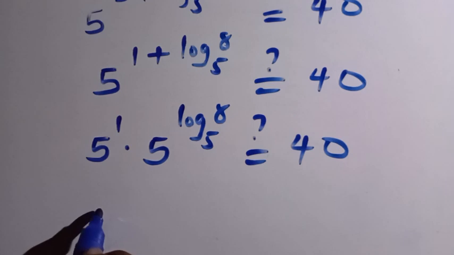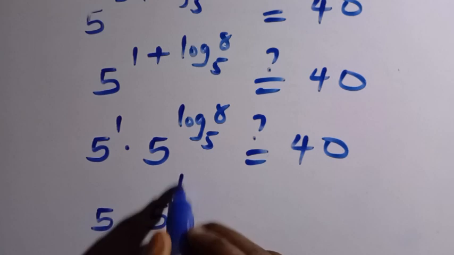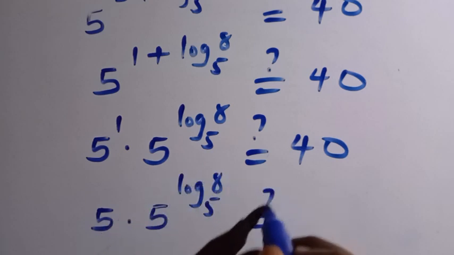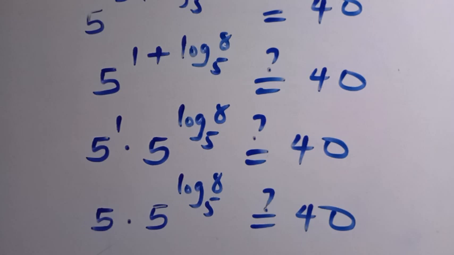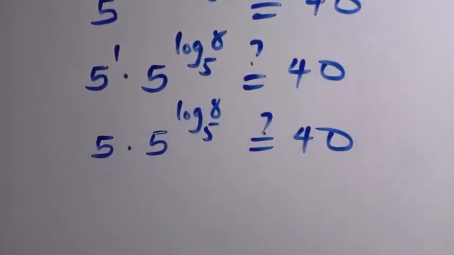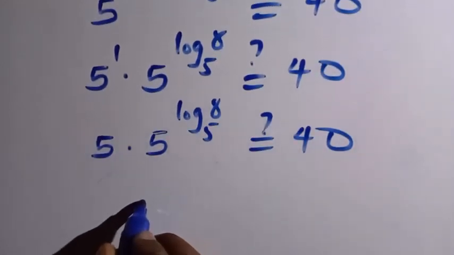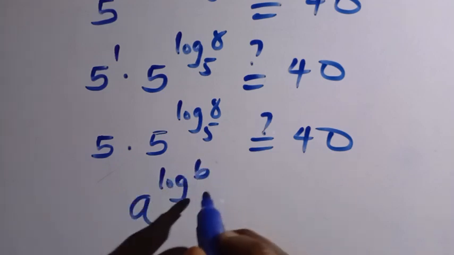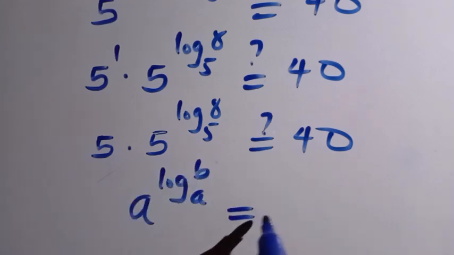So 5 raised to power 1, that is 5, multiplied by 5 raised to power of log 8 base 5. We want to check if this equals 40. And from here, suppose we have a raised to power of log b base a, this equals b.